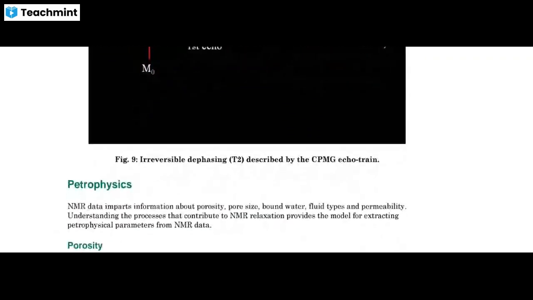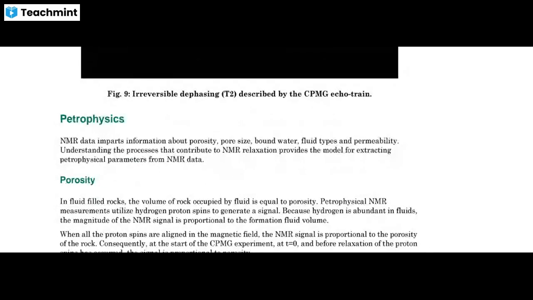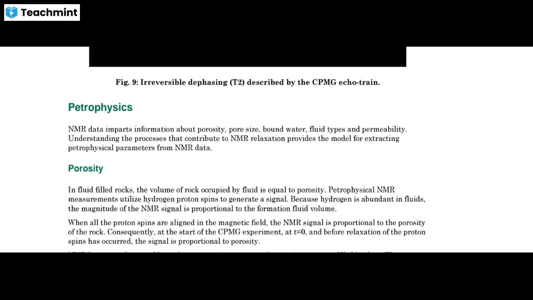So in petrophysics, NMR data imparts important information about porosity, pore size, bound water, fluid types and permeability. Understanding the processes that contribute to NMR relaxation provides the model for extracting the petrophysical parameters from this NMR data.